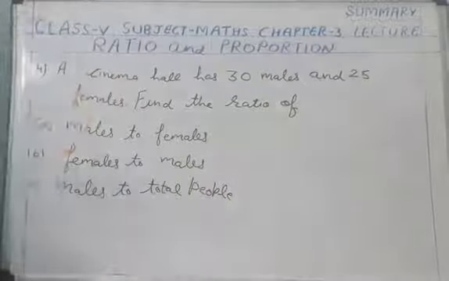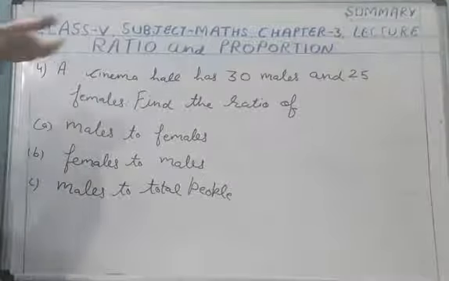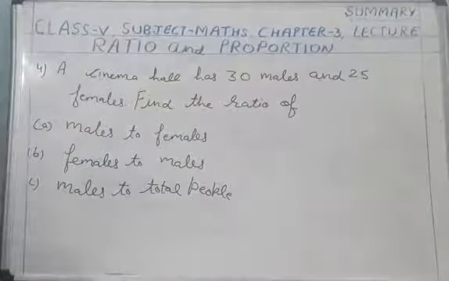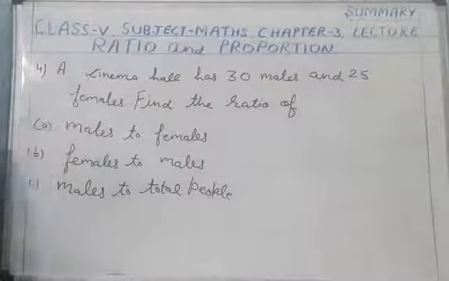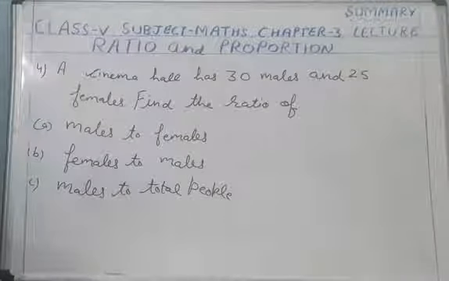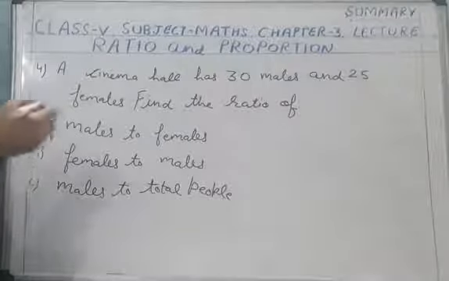Okay, so in a cinema hall there are 30 males and 25 females, and we have to find the ratio of males to females. Now you know how to find the ratio for this first part, males to females.